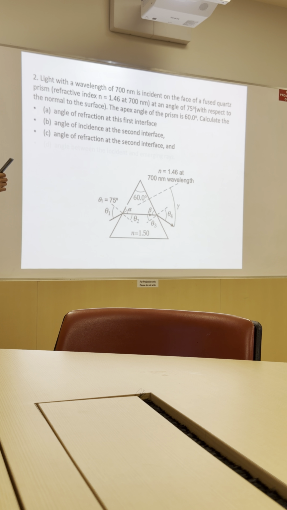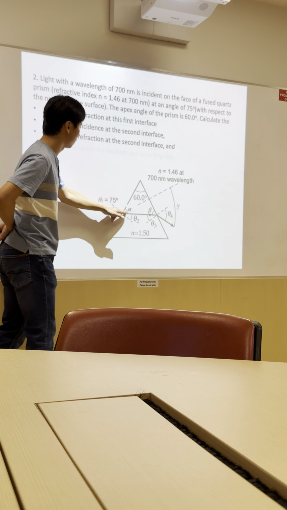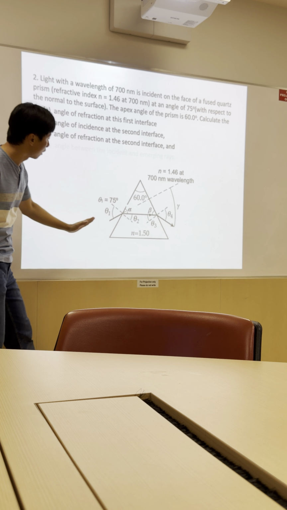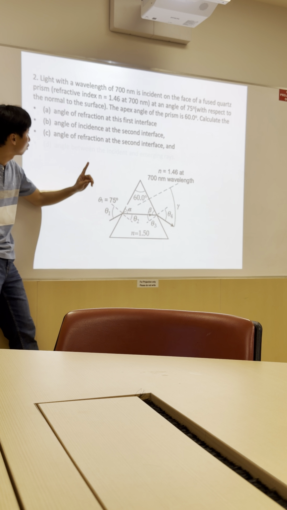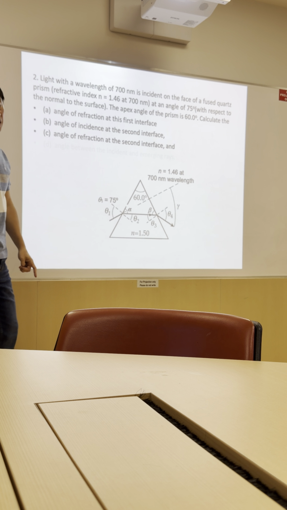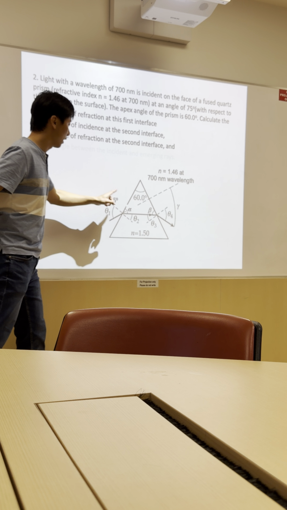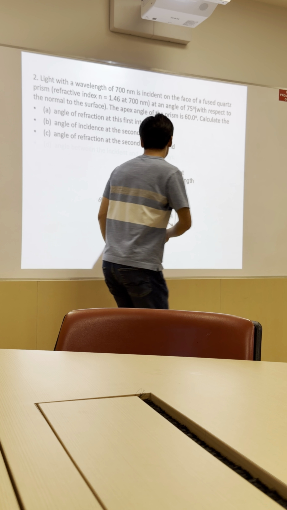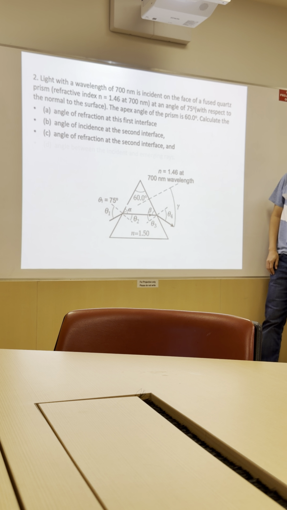Then calculate these three. First, the angle of the reflection at this first interface. So this is the interface, and theta 1 is 75. Then you want to calculate this theta 2, the refracted angle. Second, the angle of incidence at the second interface. So this is another interface, another face of the prism.